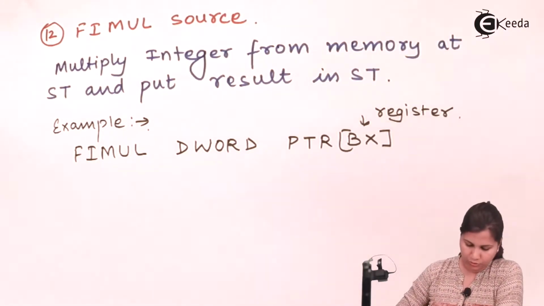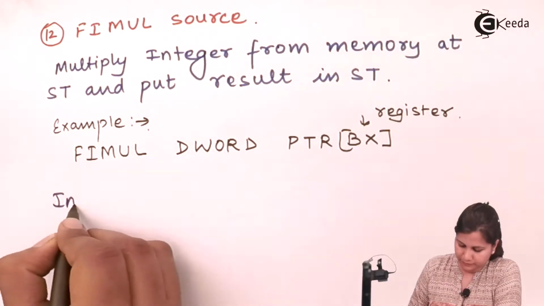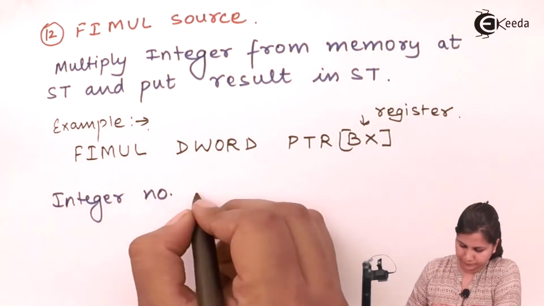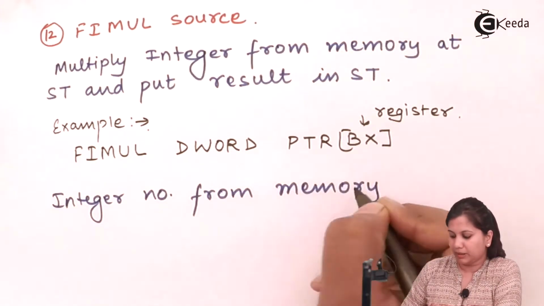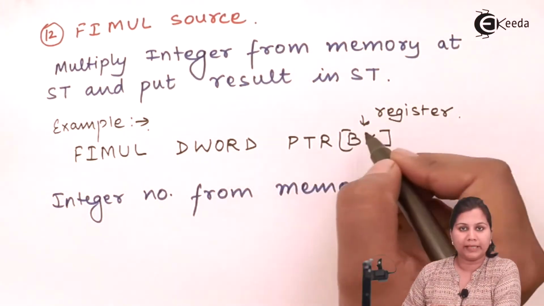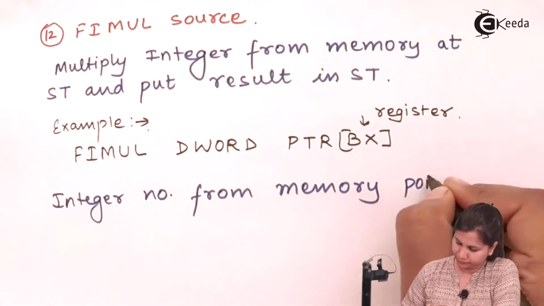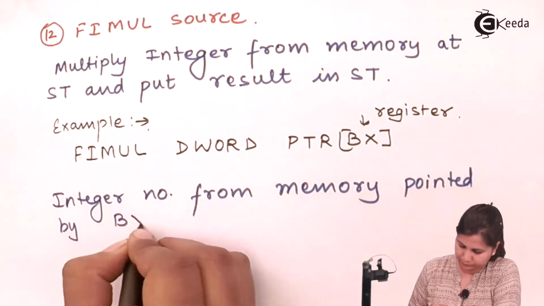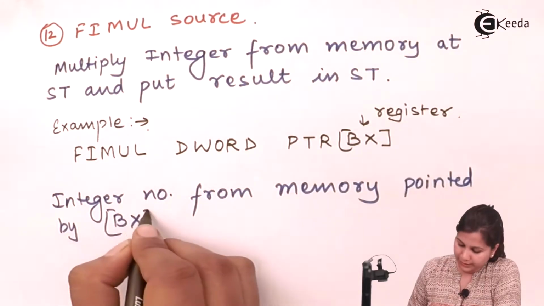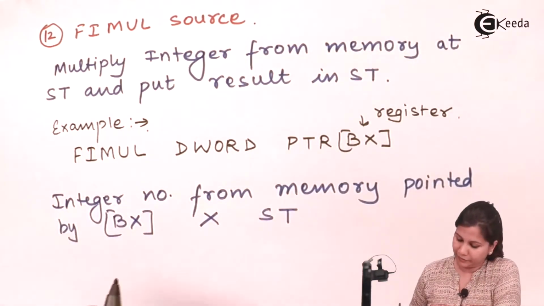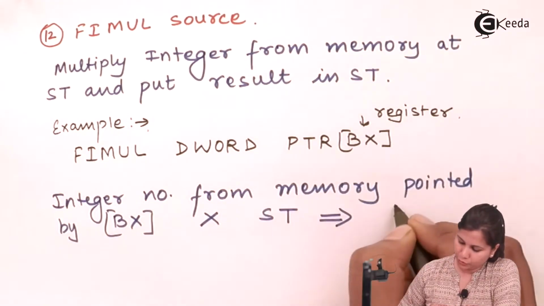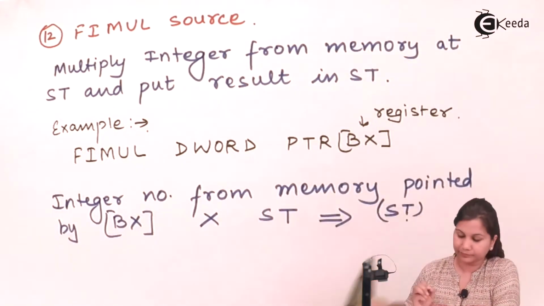So there is an integer number in that memory, pointed to by the BX register. Now this integer number is multiplied with ST, and the result of that will be stored at ST.